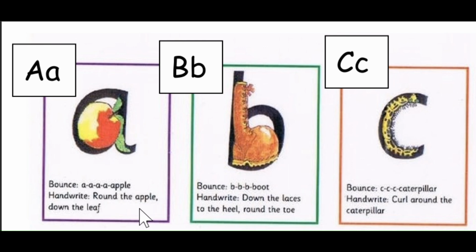You should round the apple down the leaf, but so straight up, then a curl. Boot. So, so you do this. Caterpillar. You should curl around the caterpillar.